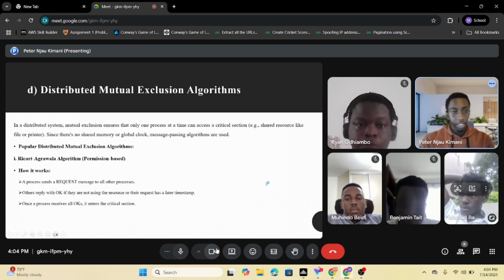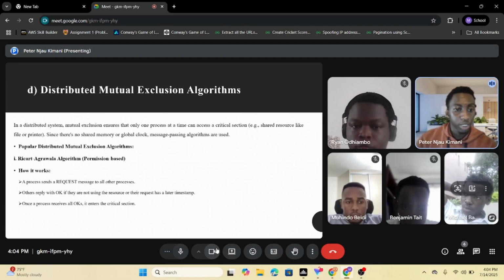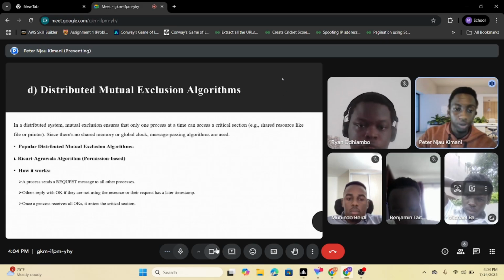So the next discussion will be on distributed mutual exclusion. In a distributed system, it ensures that only one process at a time is accessing a critical section.